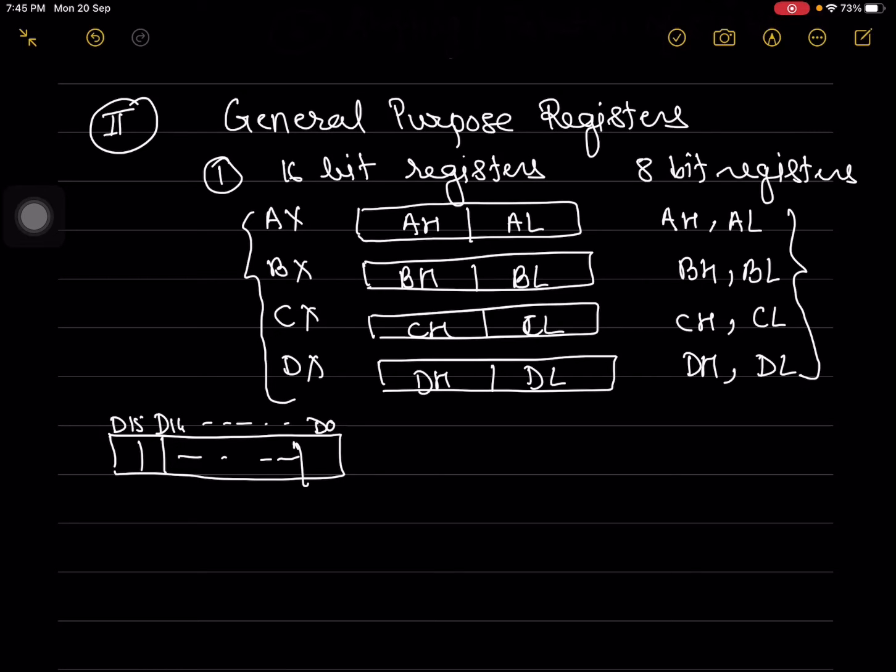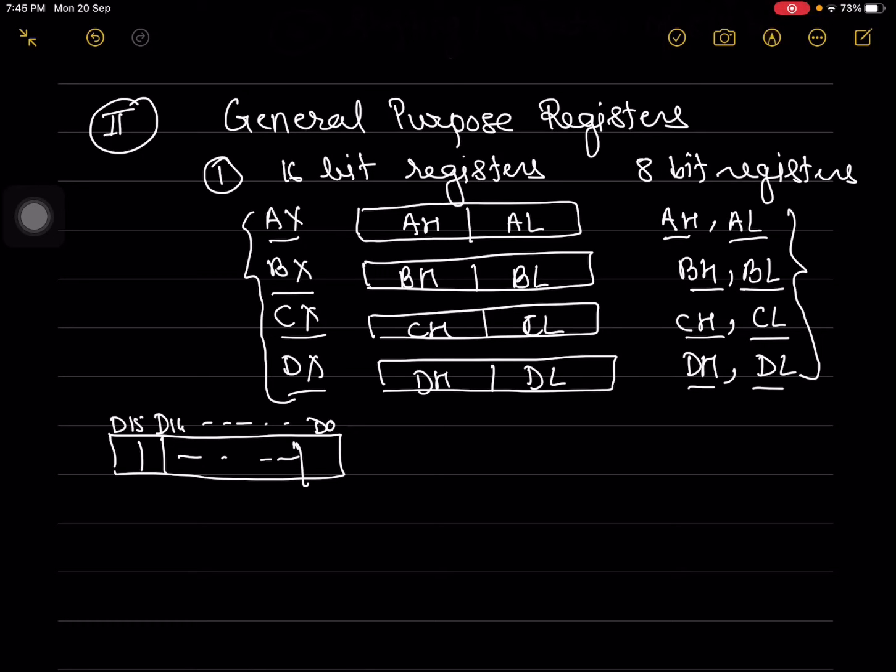In this case, AH and AL stand for the higher byte and lower byte of AX. BH, BL are the higher byte and lower byte of BX. CH-CL are the higher and lower byte of CX, and in the similar manner DH-DL are the higher and lower bytes of DX.